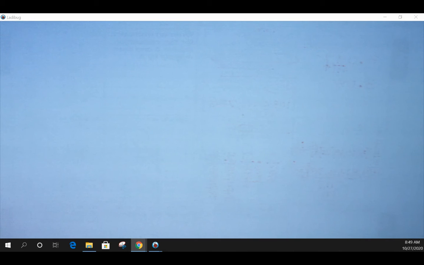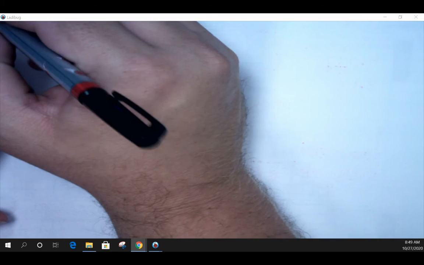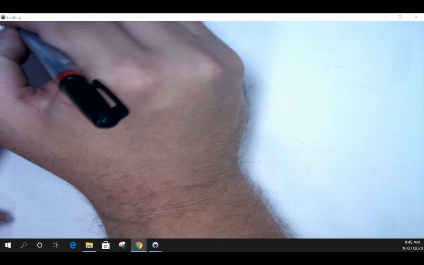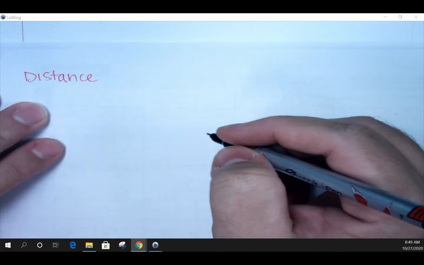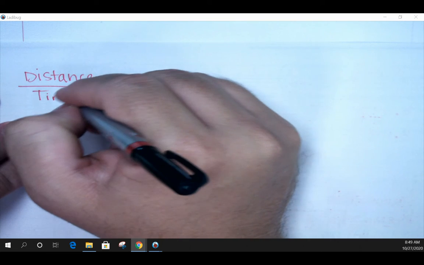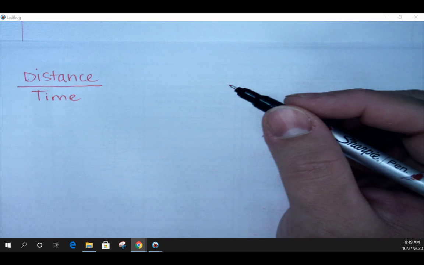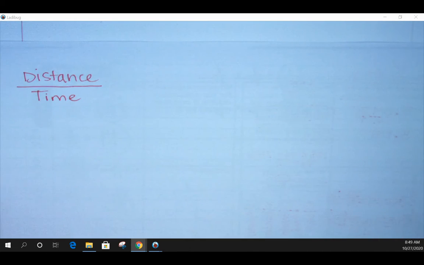When we do this work for distance over time, I want to actually write the distance, and I want to put the actual distance over the time and make it be a fraction. Okay? And that way, then we can work it out from there.